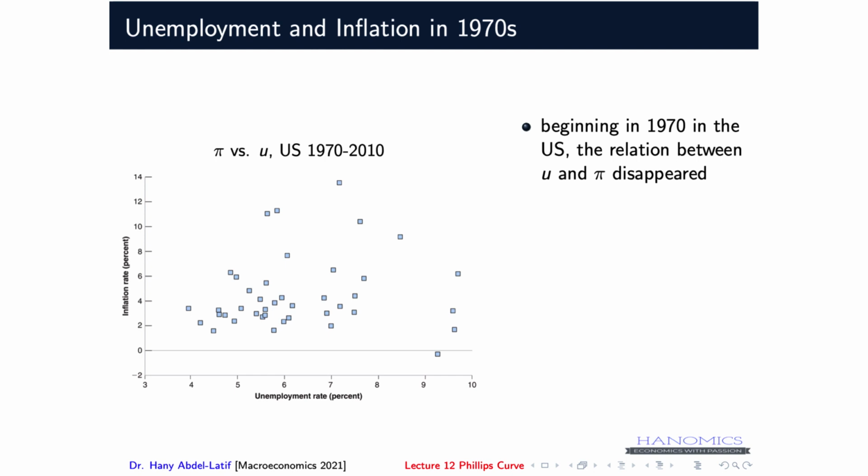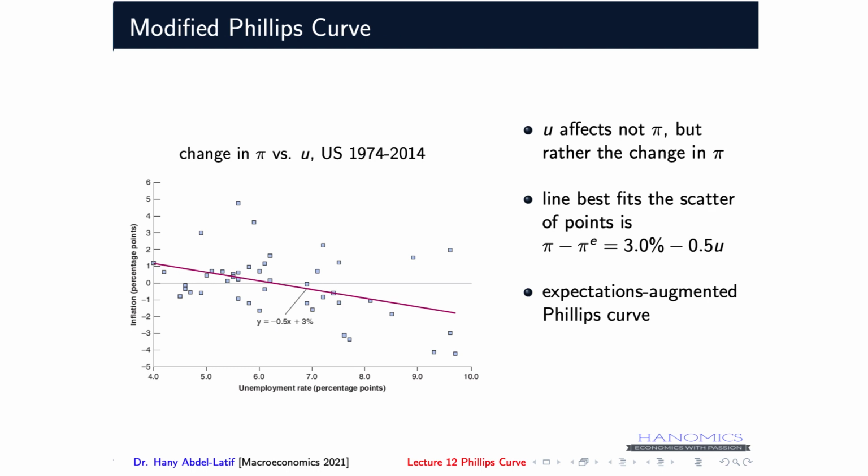But if you account for expectation, in this form of the Phillips curve where you factor in expectation, you might find some similar sort of negative relationship. So the difference between this and this one is that now you've got expectation in the picture.